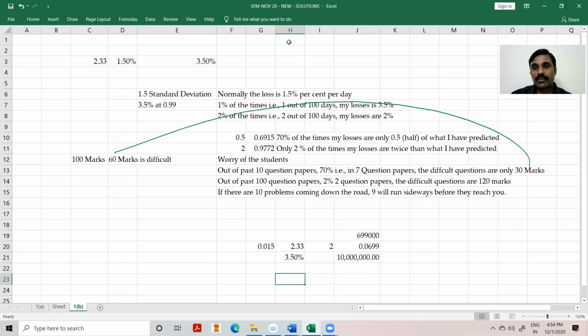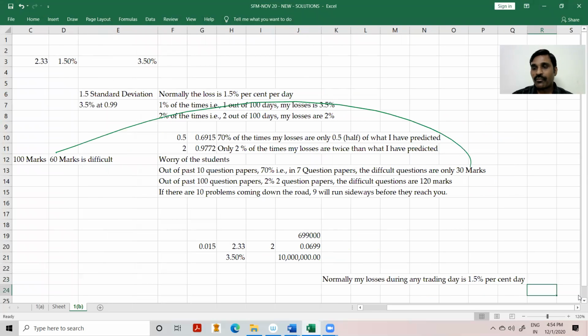So what is this point? Out of 100 trading days, normally my loss during any trading day is 1.5% per day.